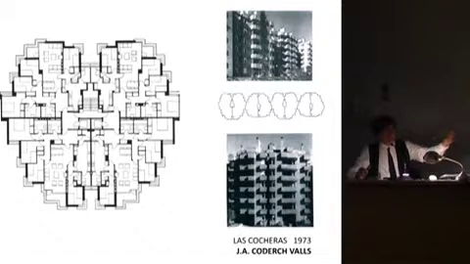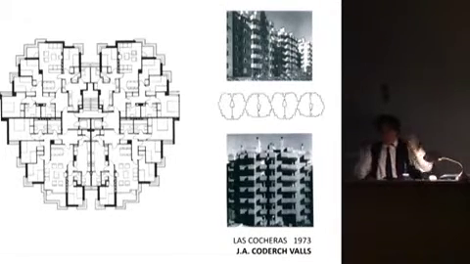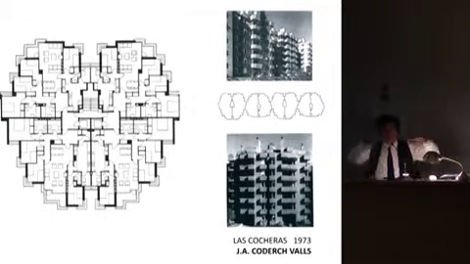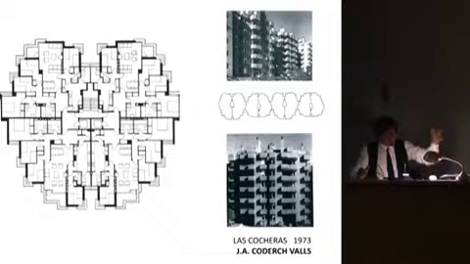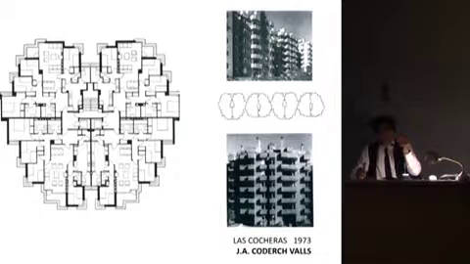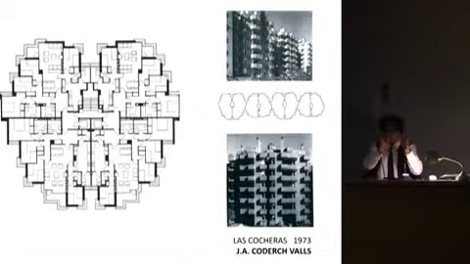Coderch does great inventions, but he takes the floor plan, groups dwellings in fours, and then lifts 7 or 8 floors. He takes 4 and 4, and then glues together 7 or 8. We're always talking about the different ways of access, and it's very important how he does this aggregation. In this case, we have an abnormality here.